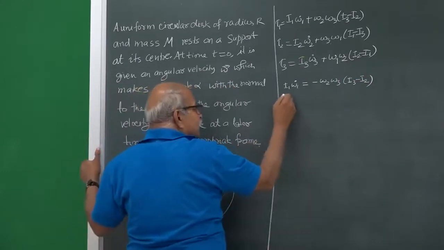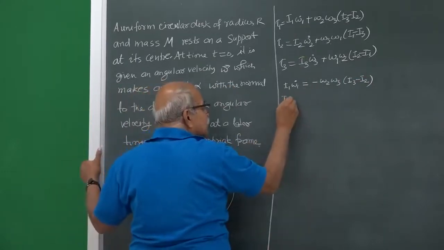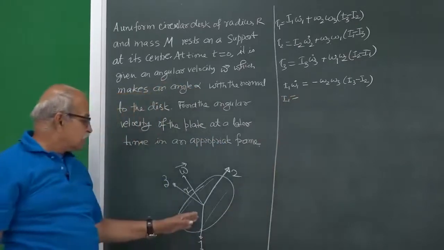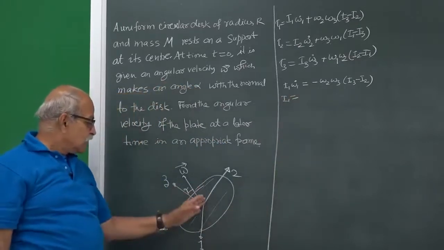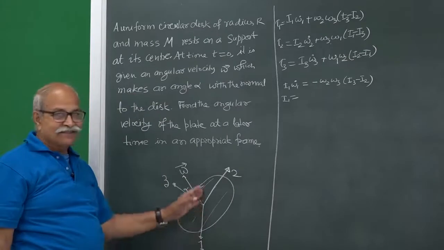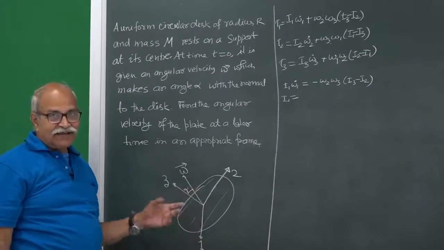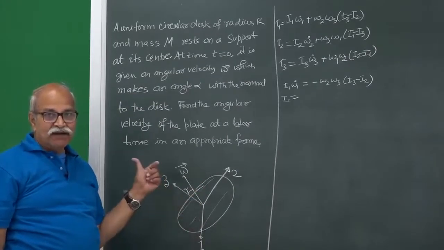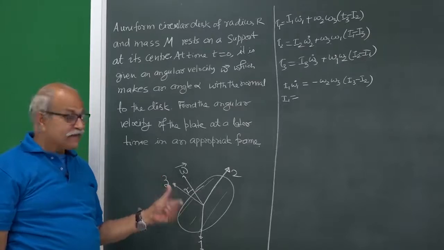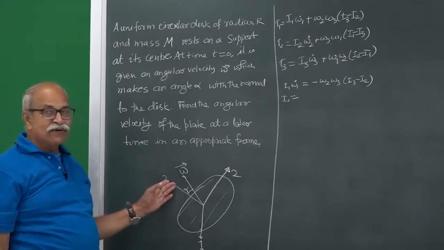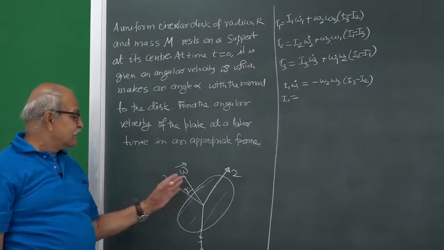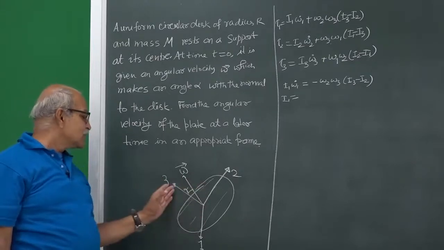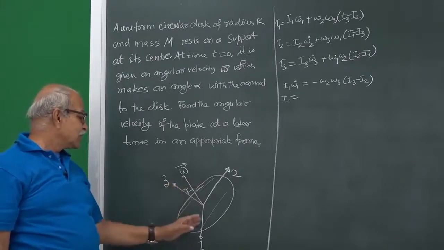Okay. So, what is I1? I1 is the moment of inertia of this disc about this axis, which is a diameter, and it should be mr square by 4, correct. About this normal, it is mr square by 2, and then these two are equal and they add to this one. So, this should be mr square by 4.